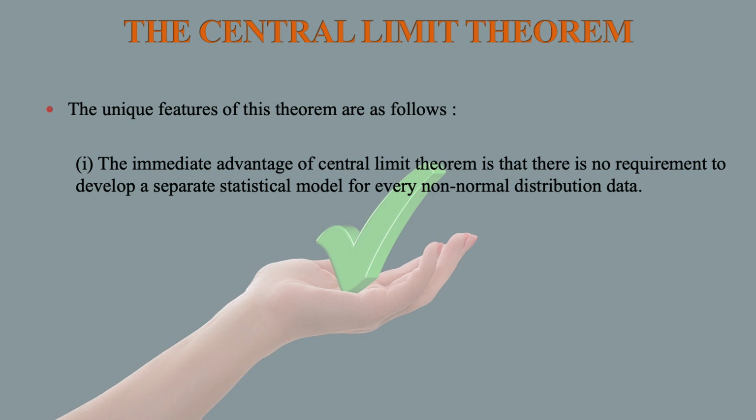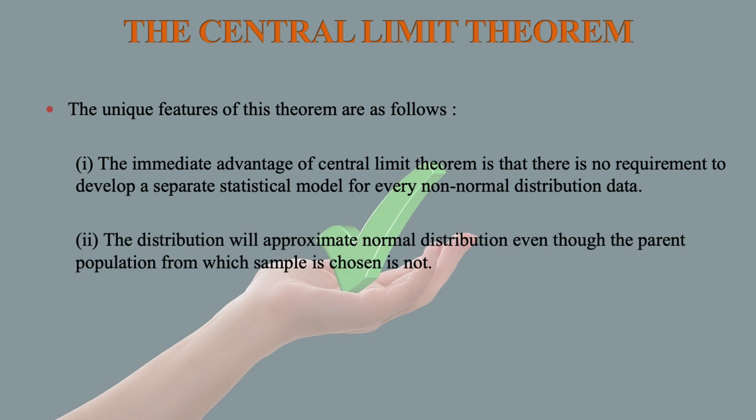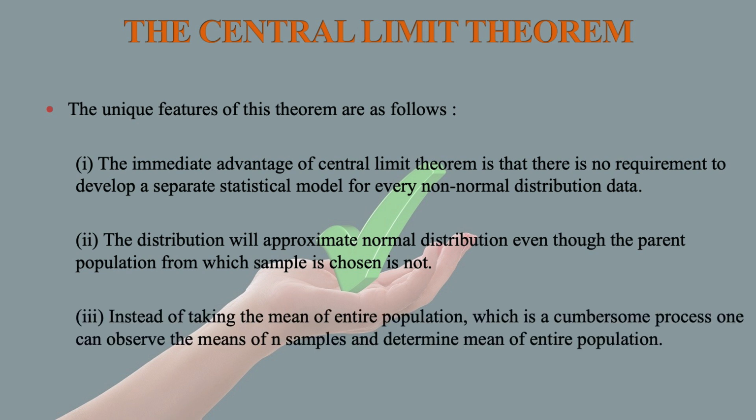Number two, the distribution will approximate normal distribution even though the parent population from which the sample is chosen is not. Instead of taking the mean of the entire population, which is a tedious process, one can observe the means of n samples and determine the mean of the entire population.